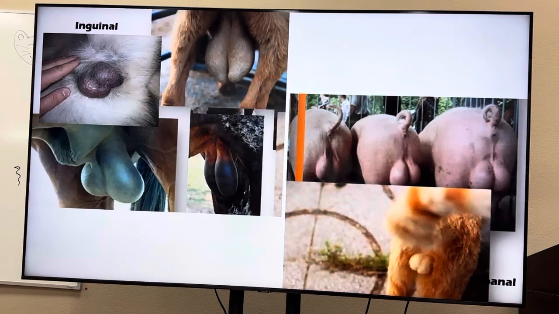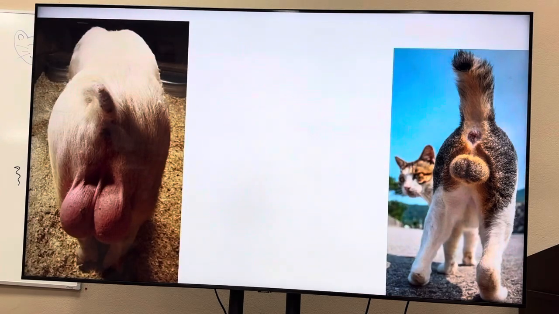So the anatomical location of the testicles varies across different species, some anal, some inguinal, and some perineal. So what is a castrated male cat called? A cat. Because a tom is not castrated.